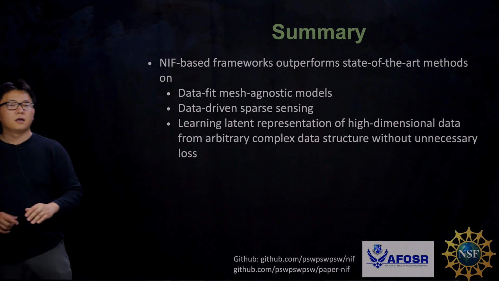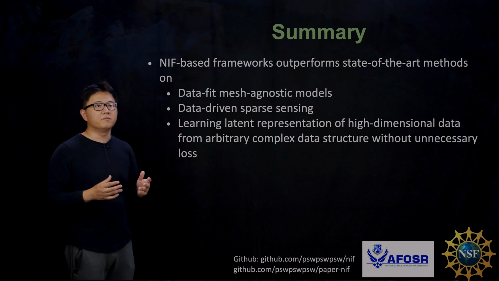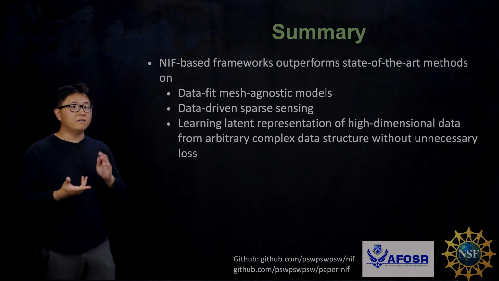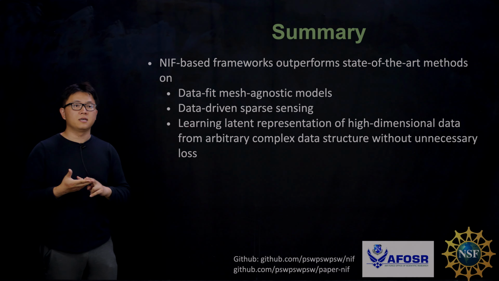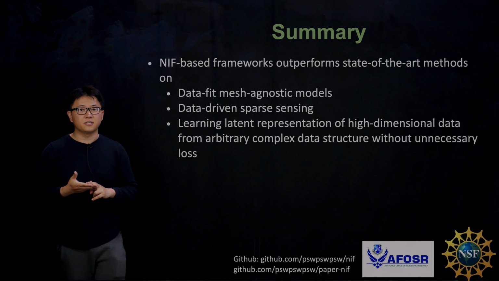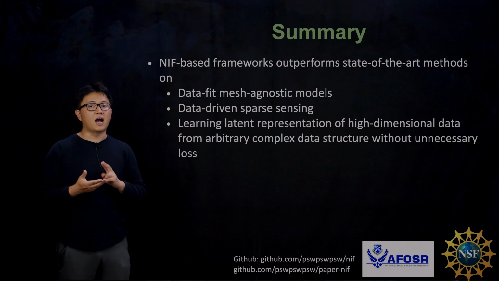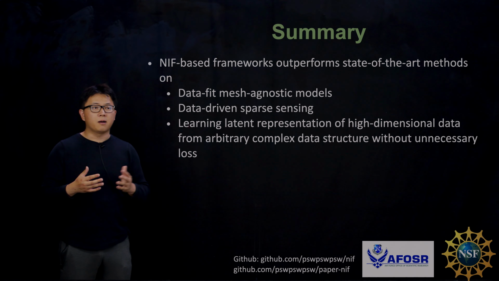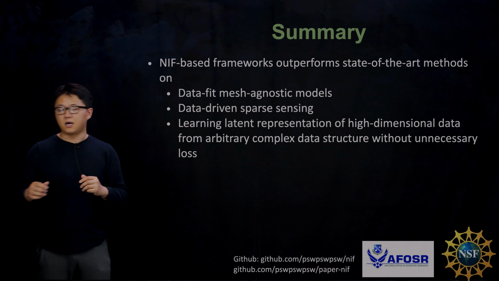So as a summary, NIF-based frameworks outperform the state-of-the-art methods on data-fit mesh-agnostic models, data-driven sparse sensing, and learning latent representations of high-dimensional data from arbitrary complex structures without necessary loss.